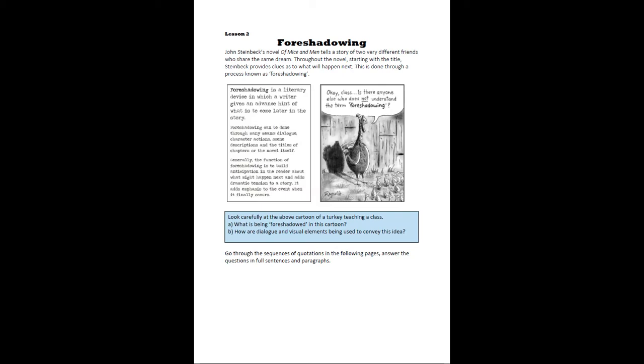Just that link to the title there, as I mentioned in Monday's lesson, the title is Of Mice and Men, which is a part of a line from a very famous poem called To a Mouse by a Scottish poet called Robbie Burns. The line actually reads, "The best laid plans of mice and men aft gang agley." He wrote in an old Scottish dialect, and basically that line means the best laid plans of mice and men often go awry, or often fail.